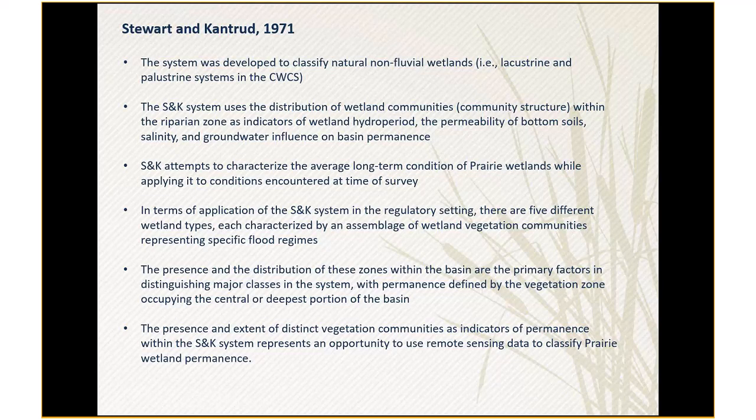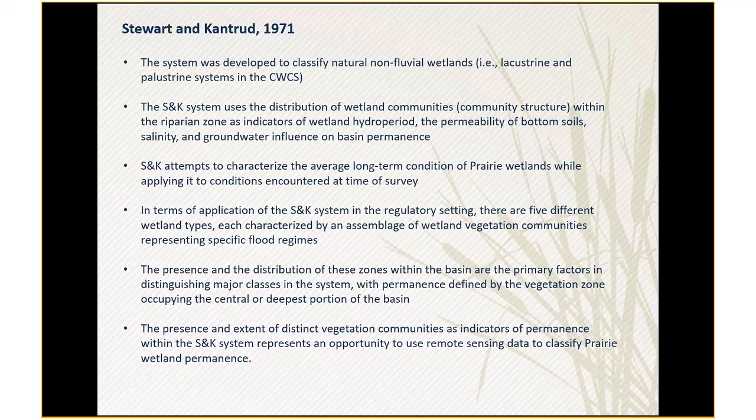In a regulatory setting, and it seems pretty standard across the Prairie provinces, there's 5 wetland types. Basically, they're determined by the assemblage of the wetland communities and the distribution of those communities within the basin, representing specific flood regimes.